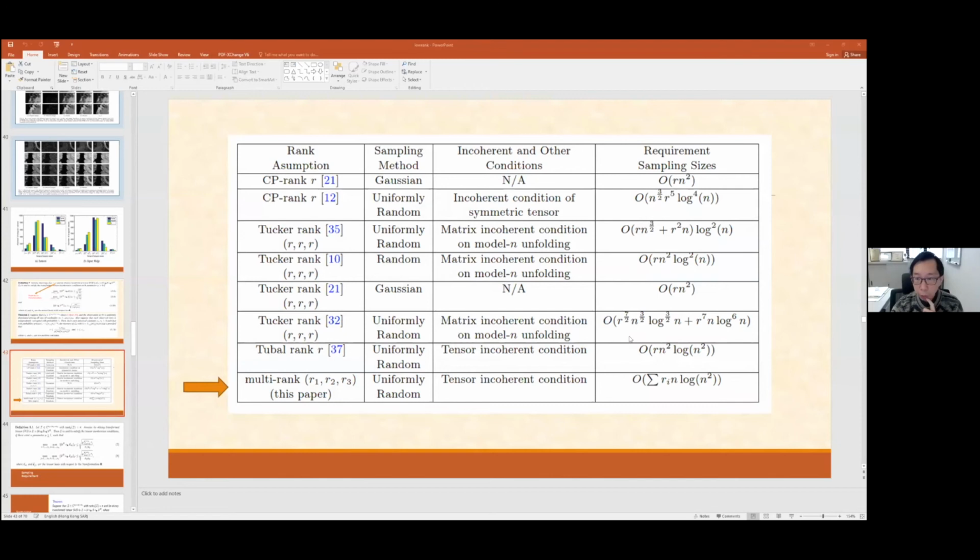What I understand is that the current best results are this one and this one. You can argue that this is n to the power 3/2, and our case is n square log n square. So in some sense, that is talking about triple rank.